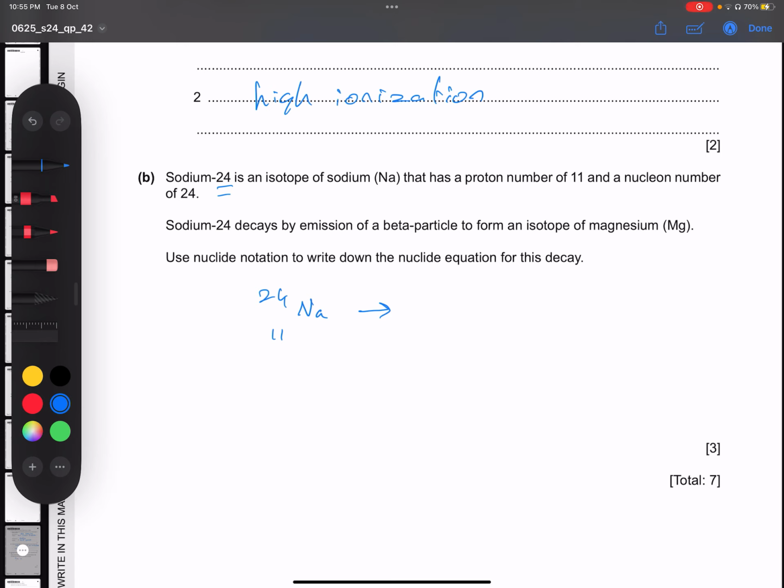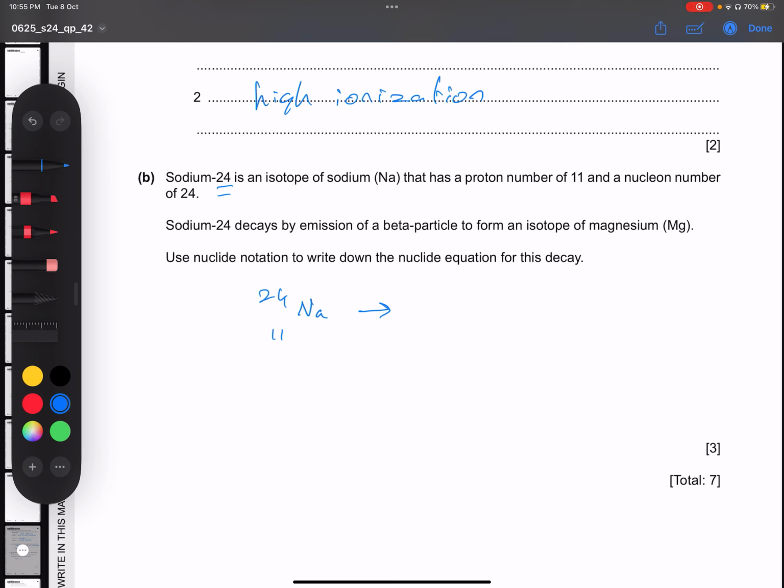When something decays via a beta particle, a neutron actually forms an electron and a proton. The neutron splits into an electron and a proton.